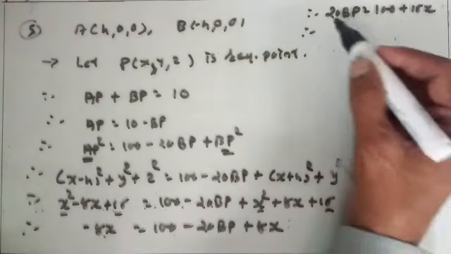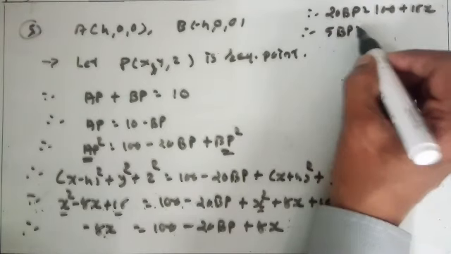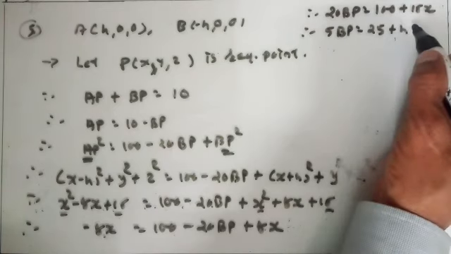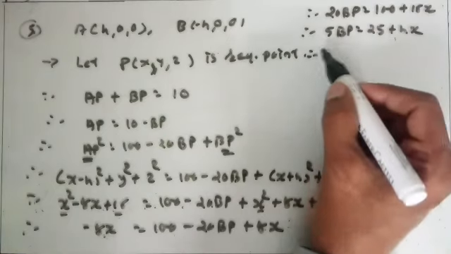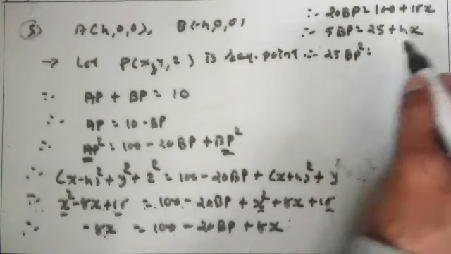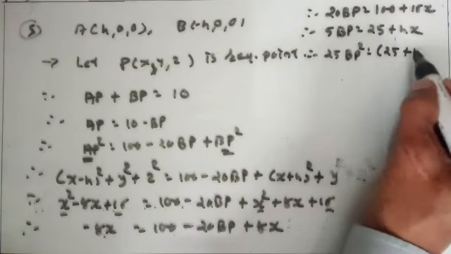Now dividing by 4 on both sides, we get 5 BP is equal to 25 plus 4x. Now apply square on both sides, we get 25 BP square is equal to (25 plus 4x) raised to 2.